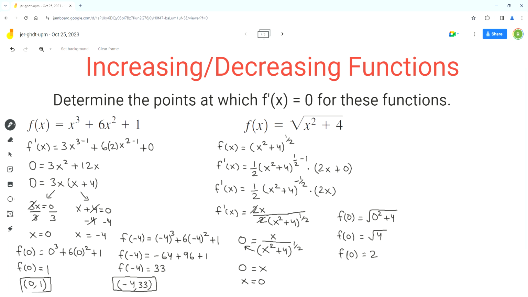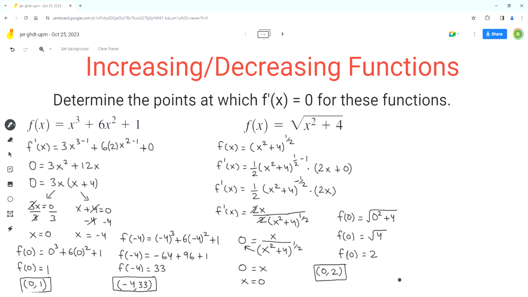So for the second function, the derivative is equal to 0 at just one point, and that point is 0, comma 2. So this should be the final answer for the second function.